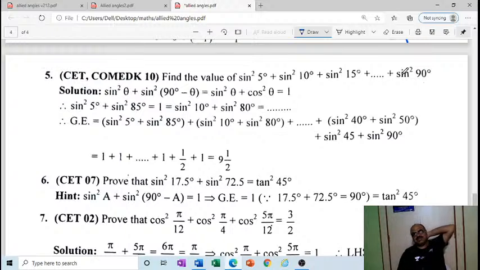The moment a question comes like this, you should get this concept. When it is in sine square format, see the problem in the form of sine and the problem in the form of sine square. What formula must strike you and how it matches, this should get into your mind.